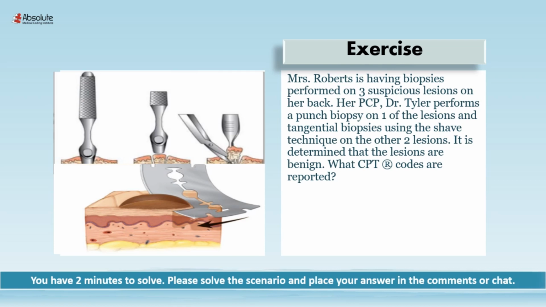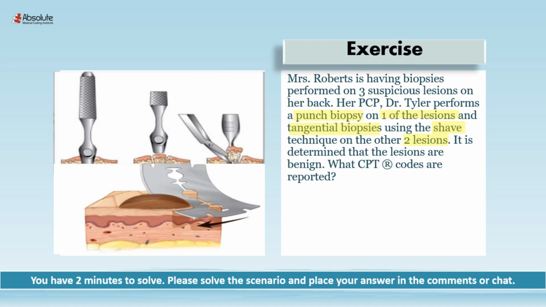All right, that is time. Now let's go ahead and see what's going on here. So this patient has 3 suspicious lesions and she's having some biopsies performed. She has a punch biopsy on one of the lesions and she has a tangential biopsy using a shave technique on the other 2 lesions.